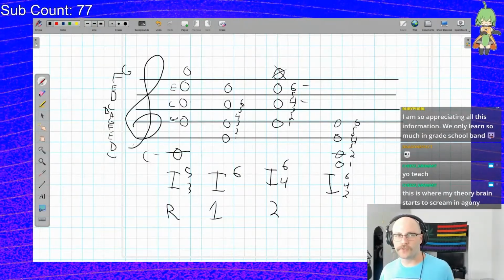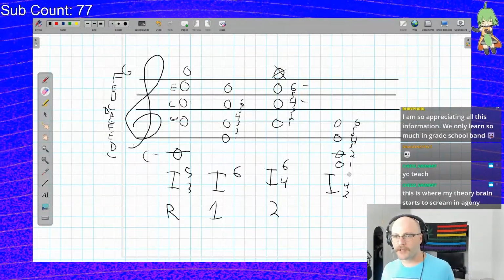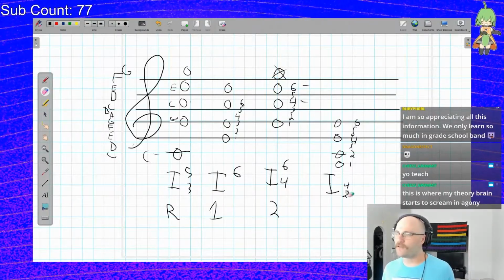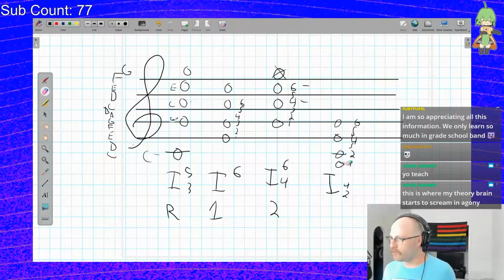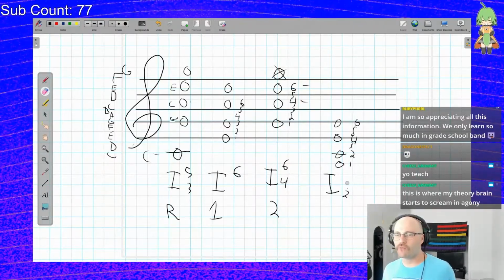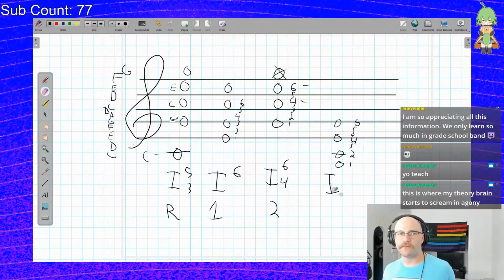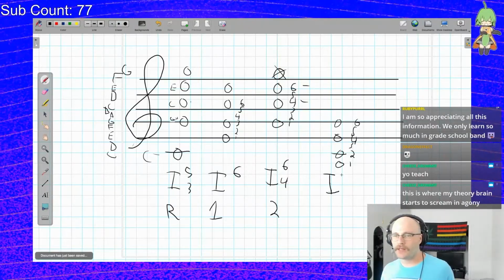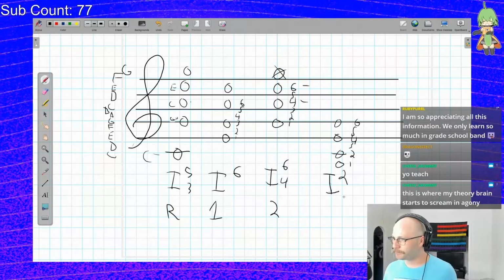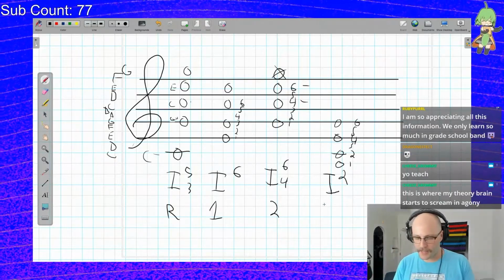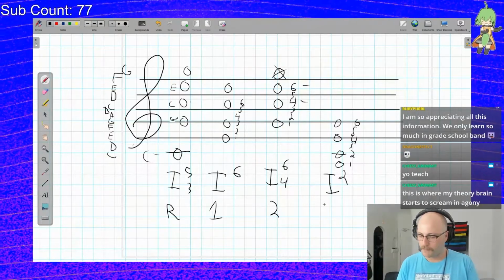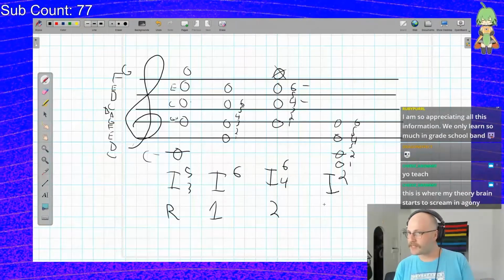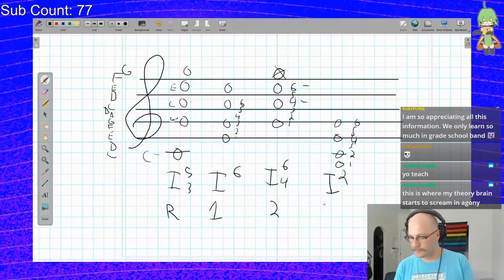Usually, you don't see the 6. It's most commonly seen as a 1, 4, 2 chord, because there's a 4th and a 2nd over the root. And sometimes you will just see it written as a 1 with a 2 next to it. That sounds like this.